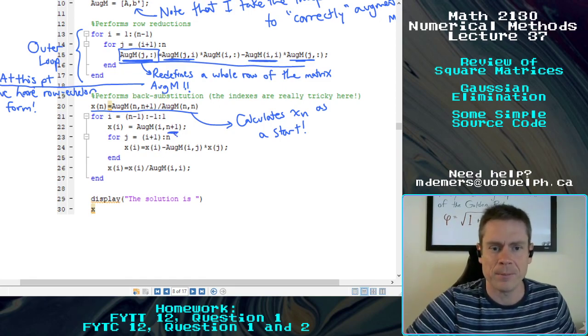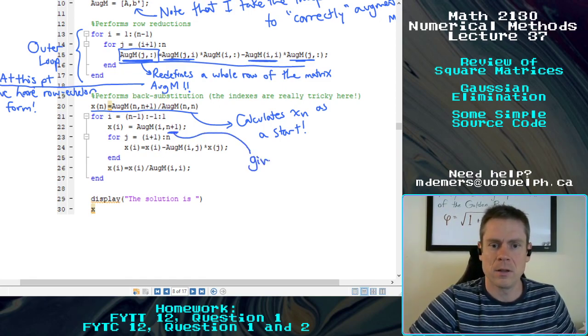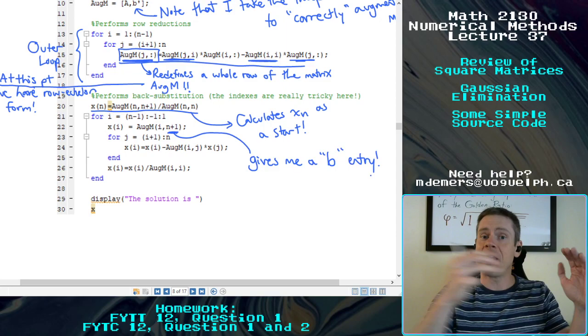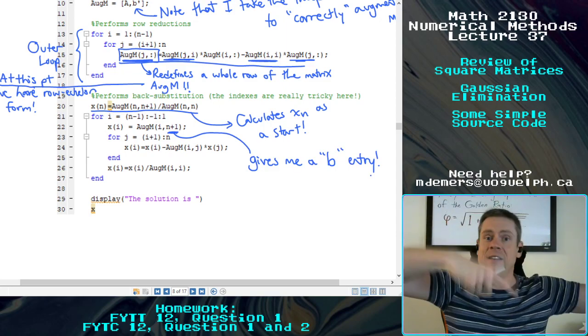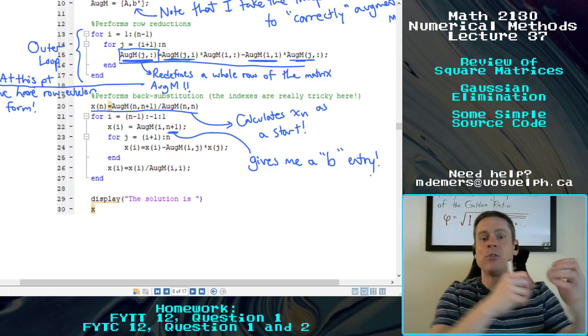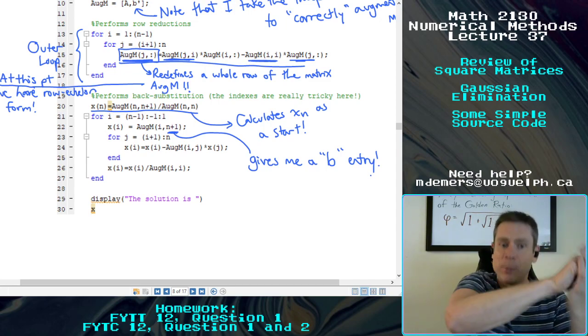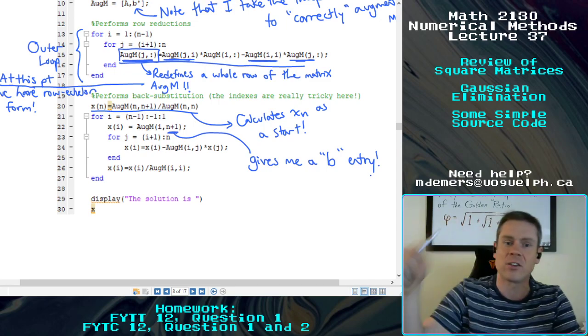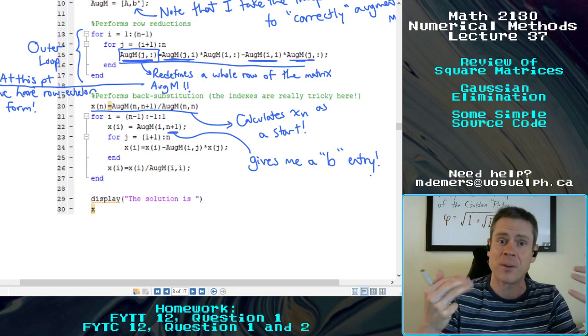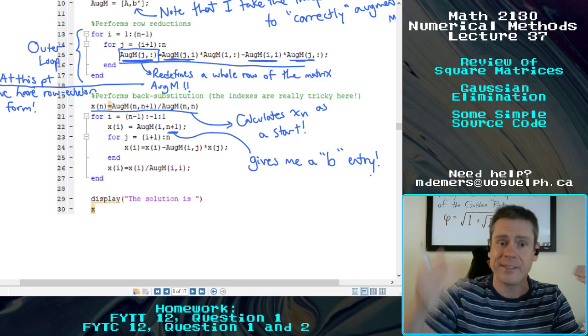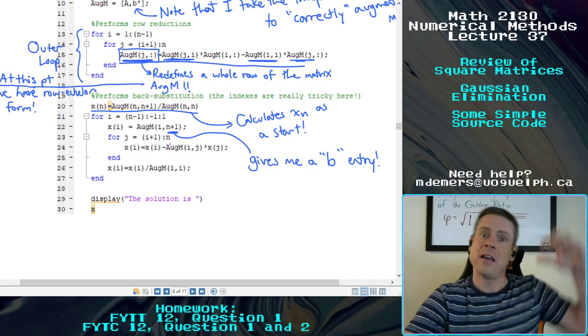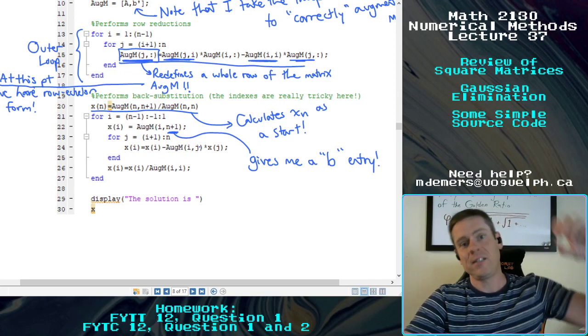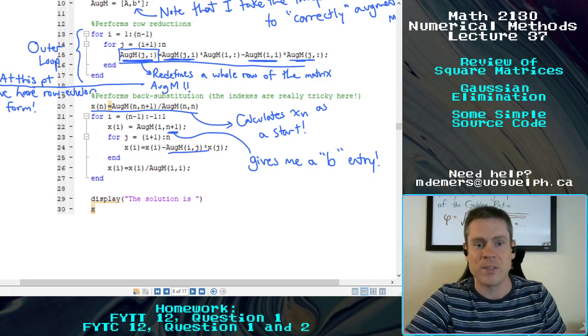So this gives me a b entry, right? And you remember that formula that we found in general, that sequence of steps that we found in the last page, it was always a b entry, and then we started subtracting things from it. How many things we subtracted from it depended on how many things we calculated so far. And they were always entries of a matrix times previous x values. And that's what this is right here.